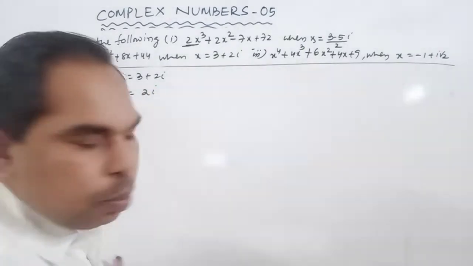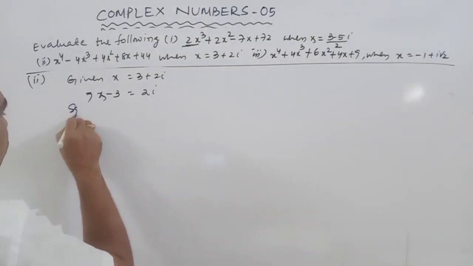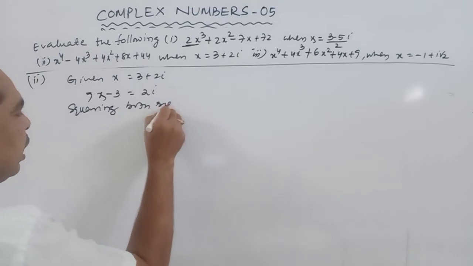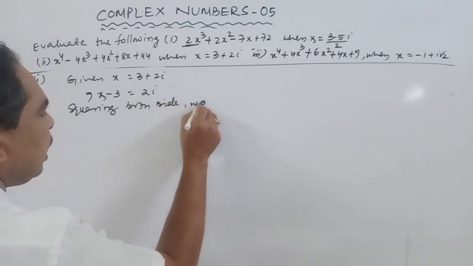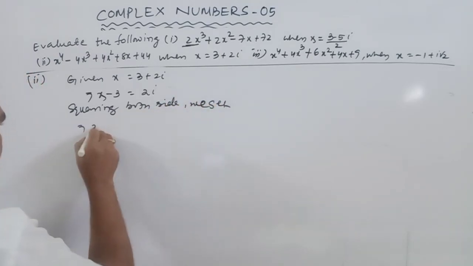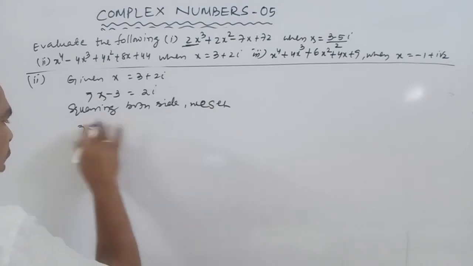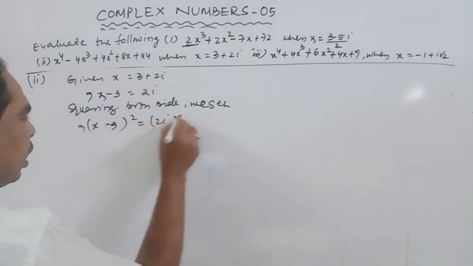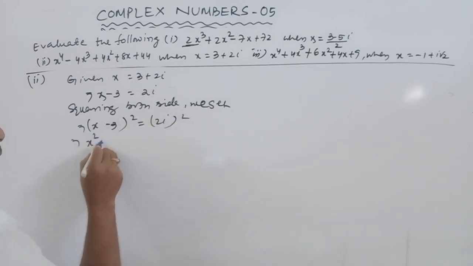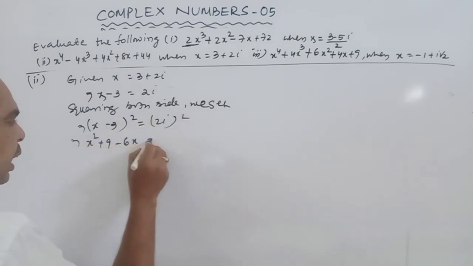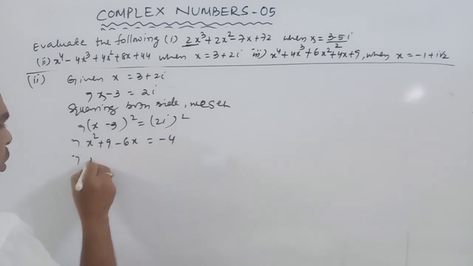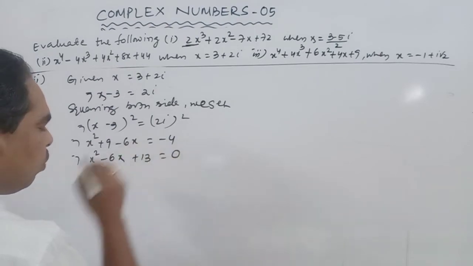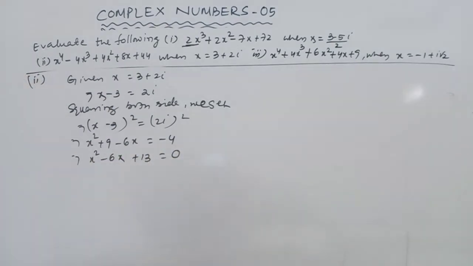Squaring both sides, we get (x minus 3) whole square is equal to (2i) square. So this implies x square plus 9 minus 6x is equal to minus 4. So x square minus 6x plus 13 is equal to 0.